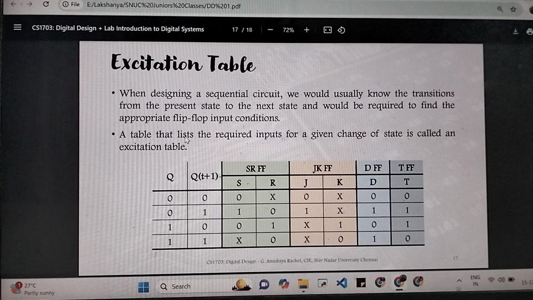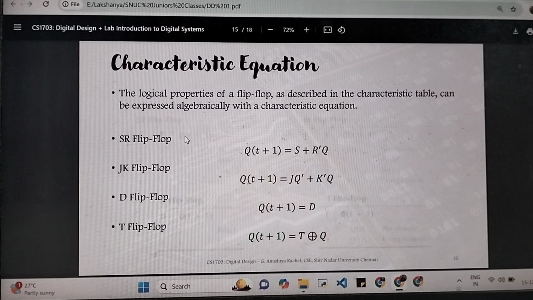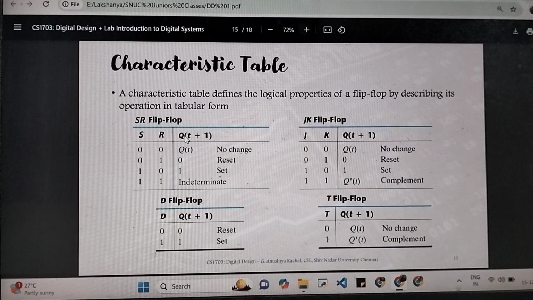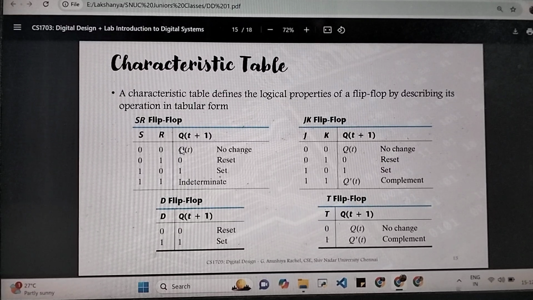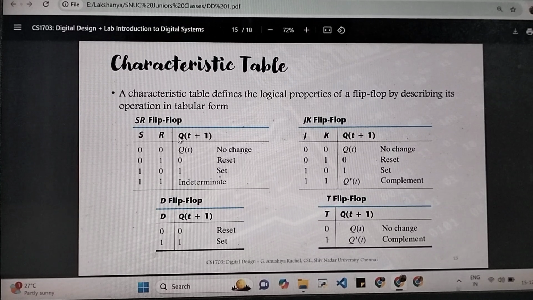So to quickly recap, function table and characteristic table are very similar. They give you the inputs and given the inputs and current state, they tell you what the next state is going to be. And by drawing K maps using the inputs and current state, if you get an expression for the next state from the characteristic table, it's called the characteristic equation.